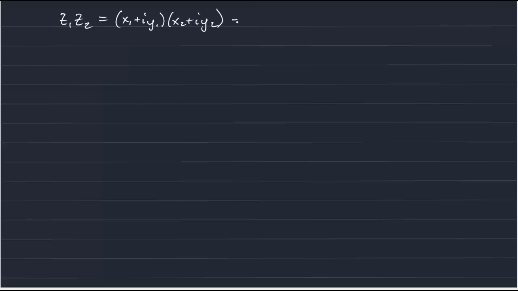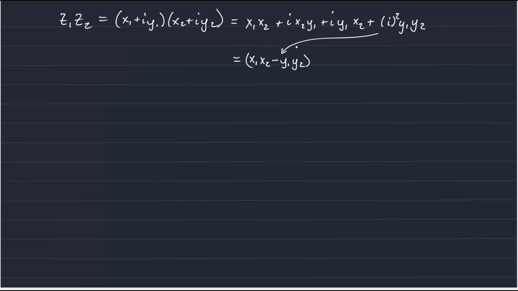If we just carry out the multiplication like we would normally, we have x1 x2 plus i x1 y2 plus i y1 x2 plus i squared times y1 y2, and that becomes x1 x2 minus y1 y2, because the i squared becomes a minus sign.